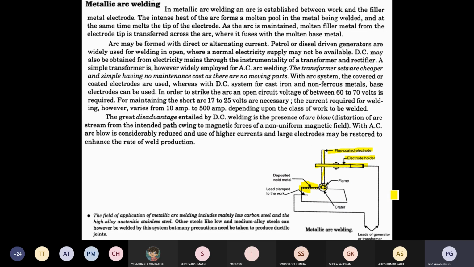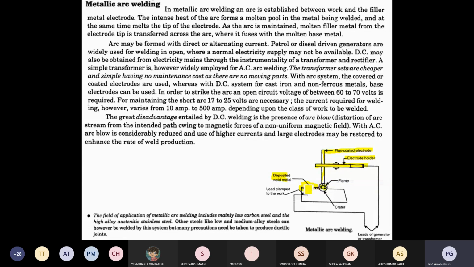Now you are moving your holder, and your electrode is there. As the electrode holder is moving, your electrode also moves, and the flux coated electrode moves with that holder. What happens after moving?